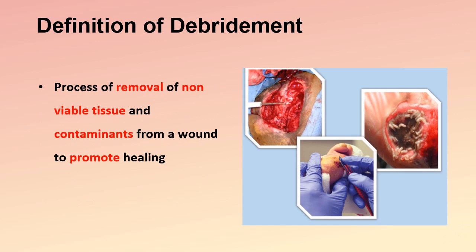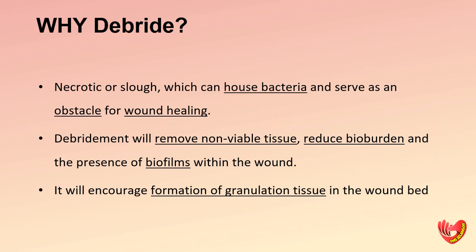So what is debridement? It is a process of removal of non-viable tissue and contaminants from a wound to promote healing. Why do we debride? The necrotic tissue or slough can house bacteria and serve as an obstacle for wound healing.